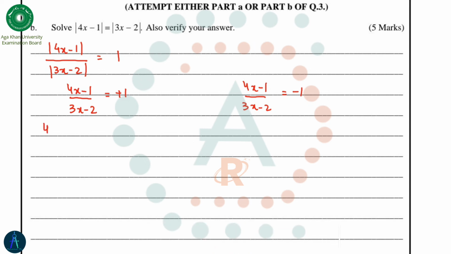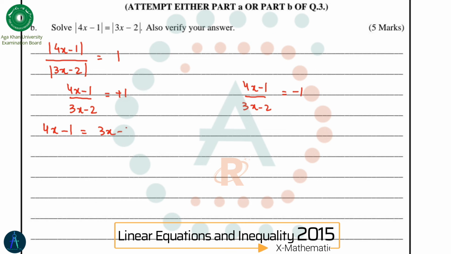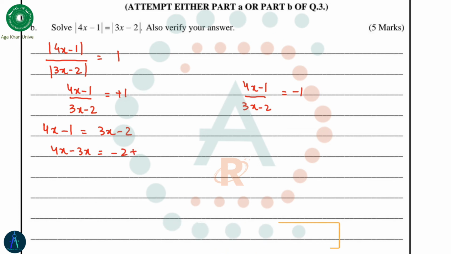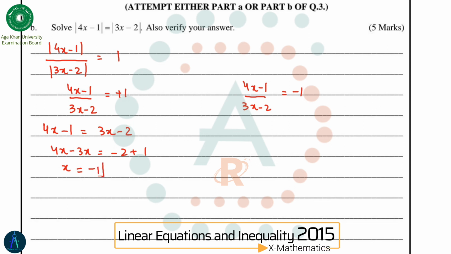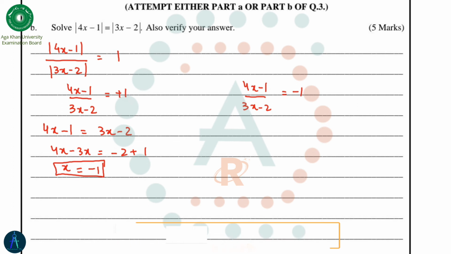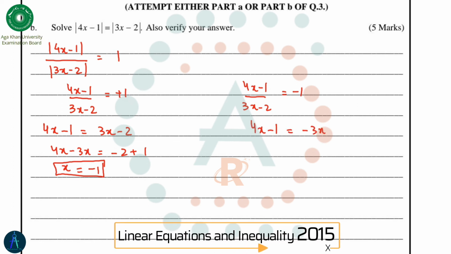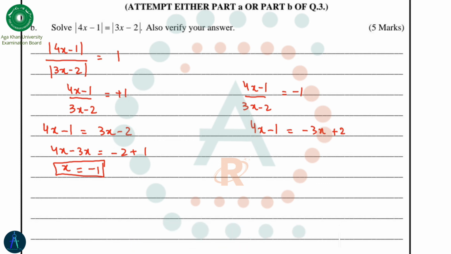सिंप्लीफाई करते हैं इसे 4x minus 1 equals to 3x minus 2. 4x minus 3x will be equals to minus 2 plus 1. So x will be equals to minus 1. Then दूसरी साइड पे 4x minus 1 will be equals to minus 3x plus 2. डिनोमिनेटर को हमने मल्टीप्लाई कर दिया on the other side of the equation.